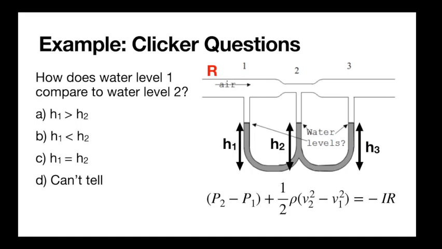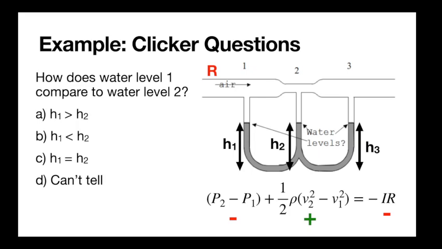So we still have our delta P is equal to this minus IR, but here we have an increase in kinetic energy density. So depending on how you want to think about this, you have negative on this side. So if we have a positive here, this must be negative.